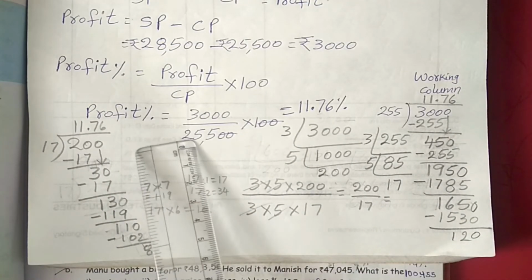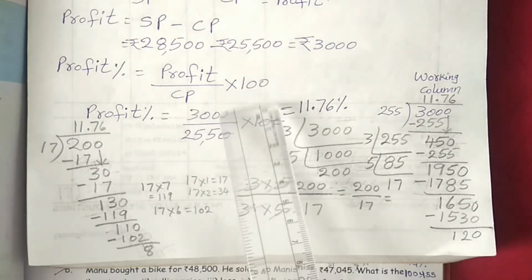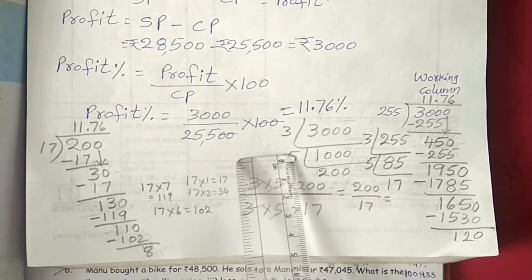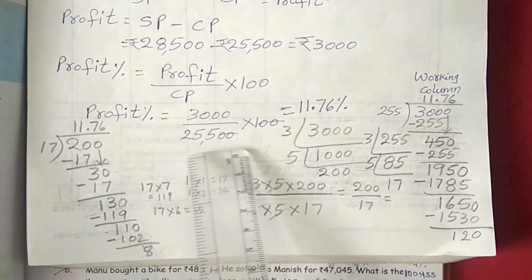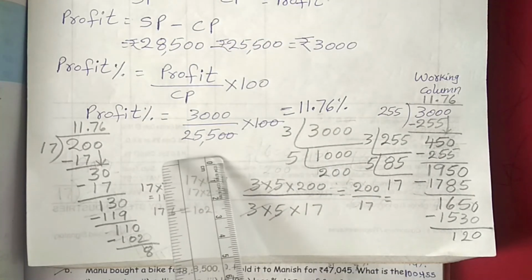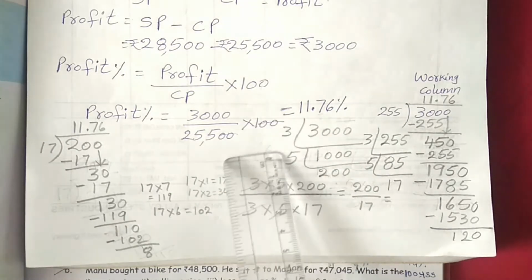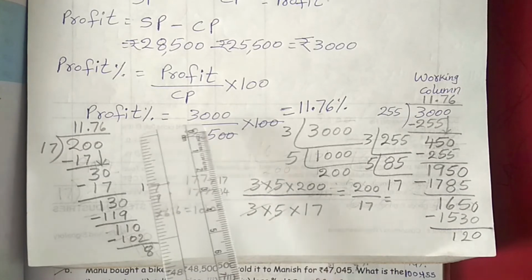Profit percentage is equal to the formula we know, profit by cost price into 100, right? Now 3,000 by 25,500 into 100. Cancel the zeros. Now 3,000 by 255.